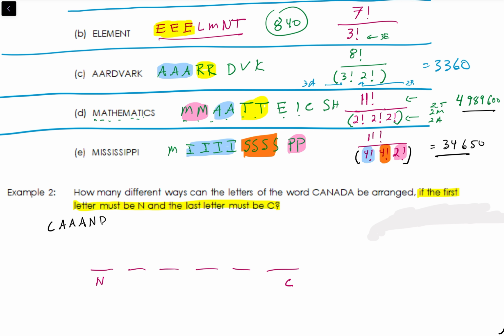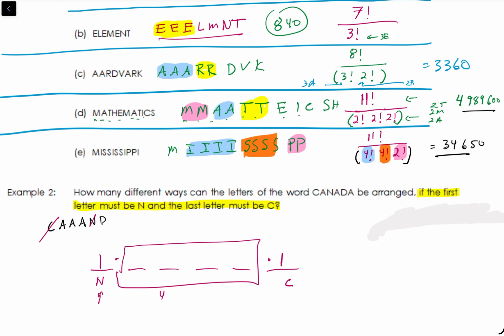And the last letter must be C. So my first decision right here is how many ways can I put N in the first position? Exactly one way. Now, how many different ways can I put C in the last? Well, exactly one way. So now, really, this is 1 times arranging the rest of the letters here times 1. So I've taken care of the C and I've taken care of the N.